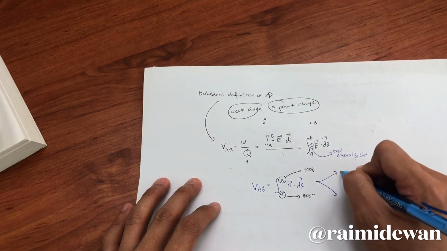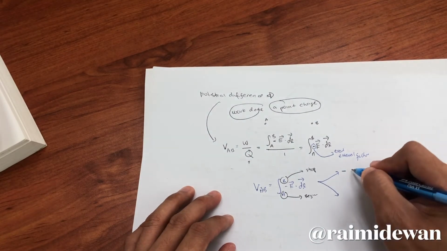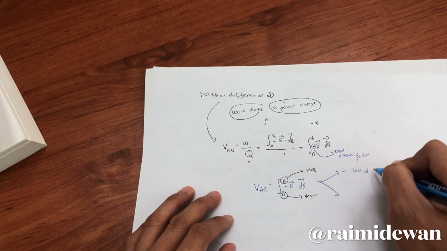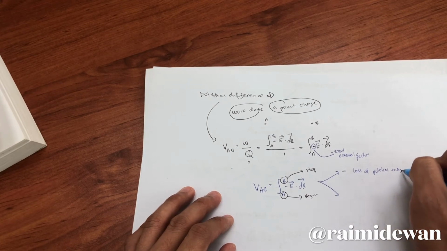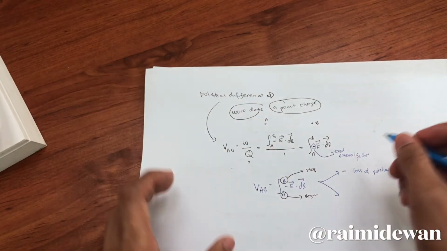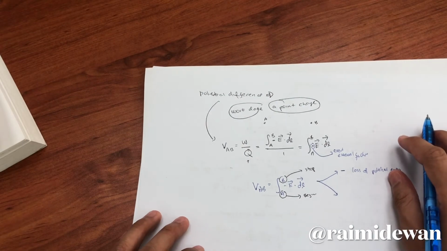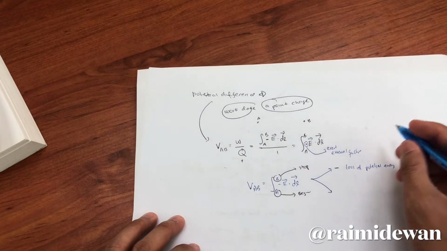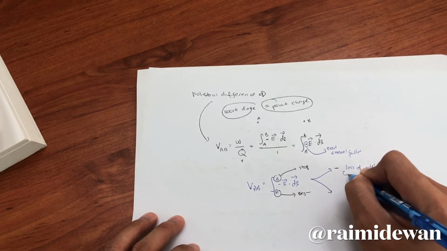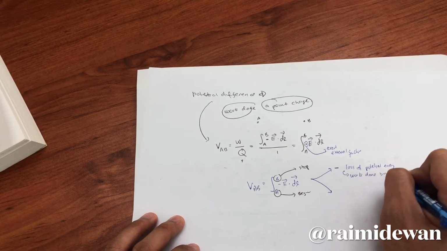If you have a negative potential difference, it means there is a loss of potential energy when you are bringing the charge from point A to point B. This means that the work is done by the system.